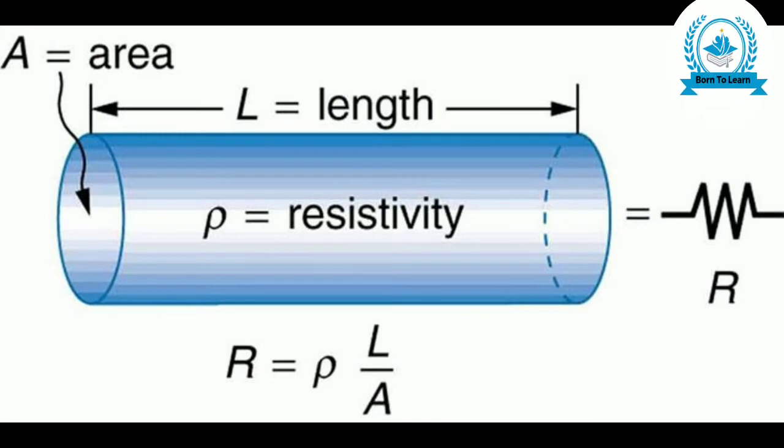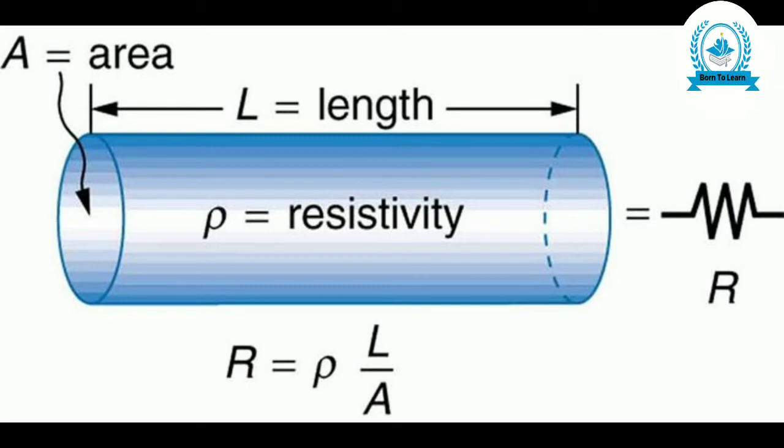We will now find out the unit of resistivity. We have just seen that resistivity rho equal to R into A by L. Now to get the unit of resistivity rho, we should put the unit of resistance R, area of cross section A and length L in the above equation. We know that the unit of resistance R is ohm.